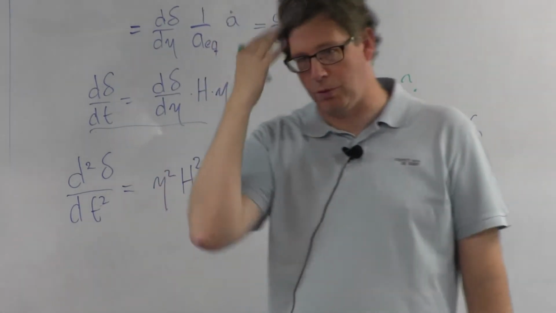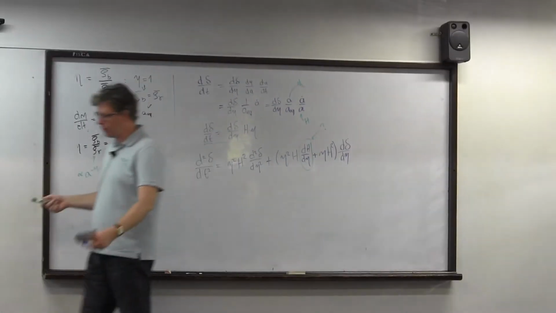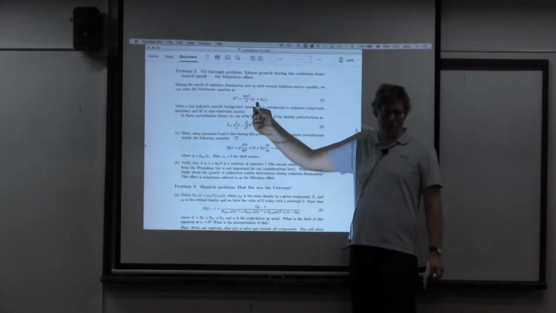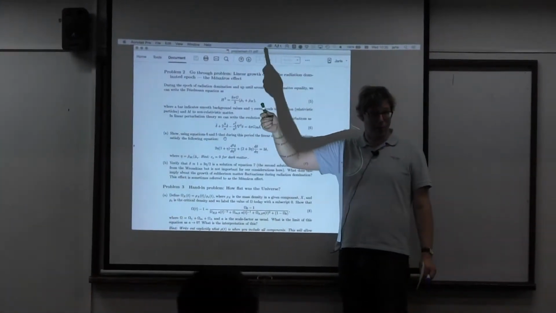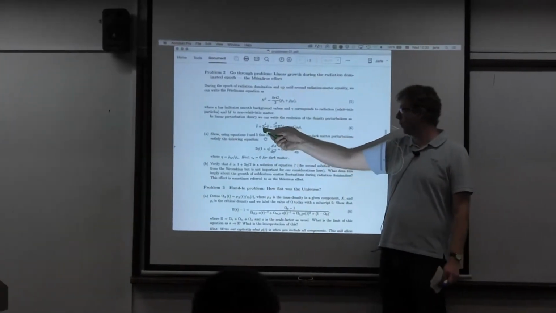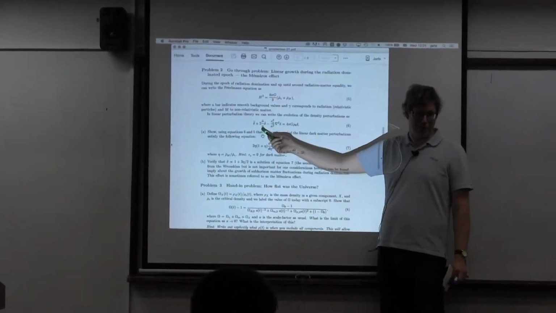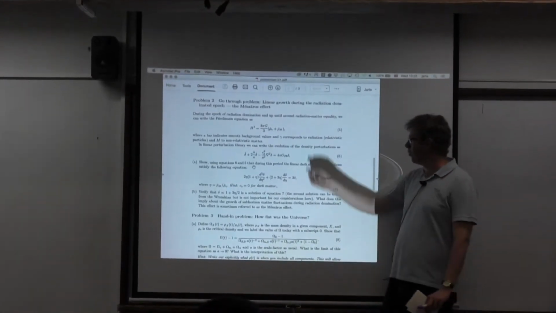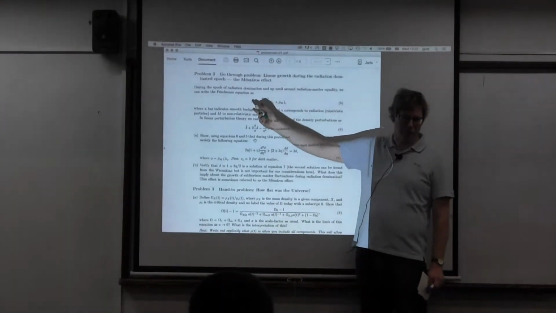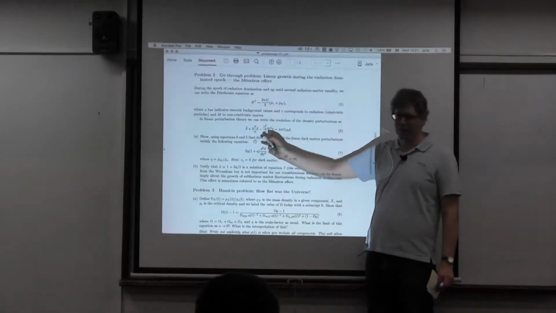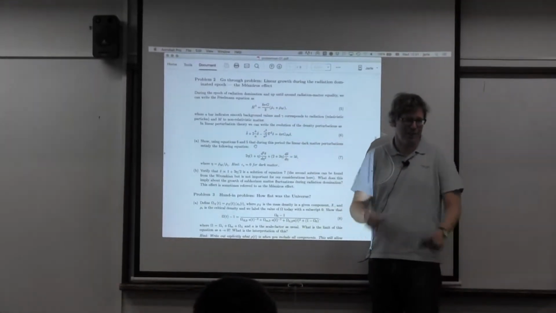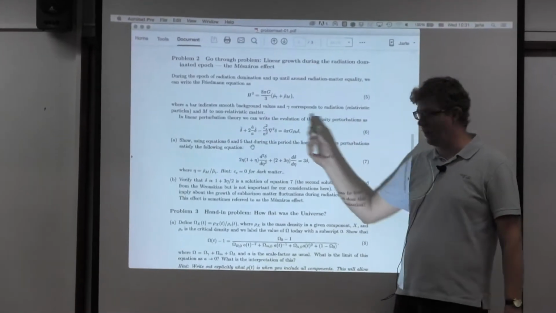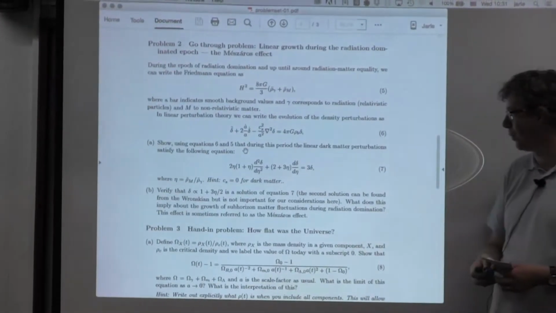So usually, the simplest approach sometimes is we solve this equation, we get a result for A, and then we put that solution for A into this equation, and then we solve this equation. That's easy. Unfortunately, if you were to do that trick here, you would get a differential equation which is not easy to solve. I mean, it's easy to solve on the computer, but it isn't easy to solve analytically. So that's why this trick does the job for you.